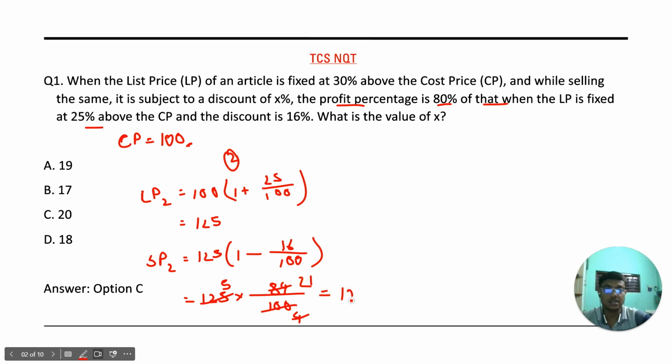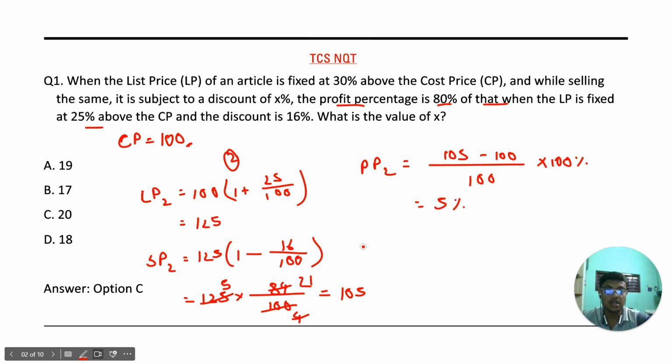So our selling price comes out to be 105. Now profit percent for case 2 comes out to be 105 minus cost price 100 divided by cost price into 100%, which comes out to be 5%.